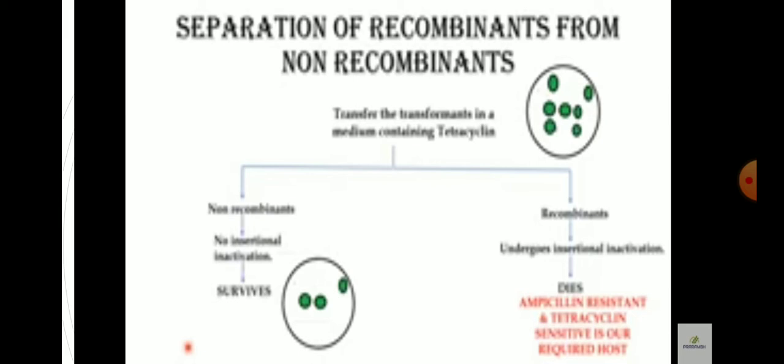So the gene or the insert which is present in the host cell that provides tetracycline resistance is used as transformant or recombinant, and the other one which does not have this tetracycline resistance gene is known as non-transformant or non-recombinant.